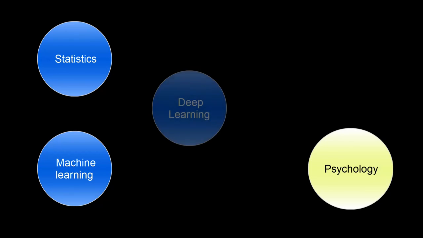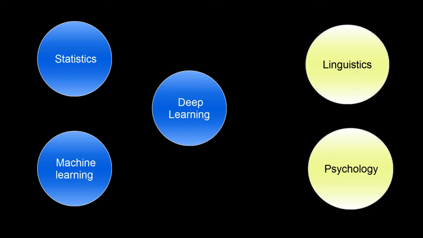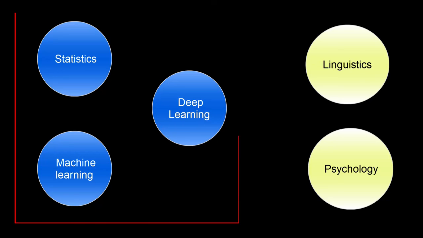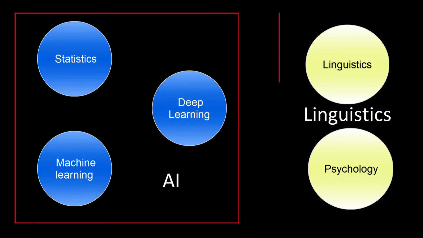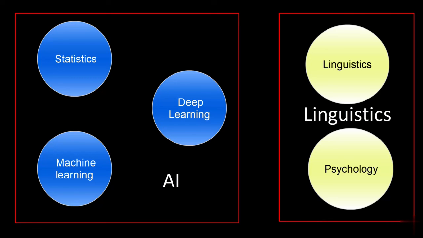Now, so much is achieved in the NLP, and to achieve such huge goals, the NLP borrows techniques and methods from various fields such as linguistics, statistics, psychology, philosophy, deep learning. Now, this altogether can be categorized as AI and linguistics.